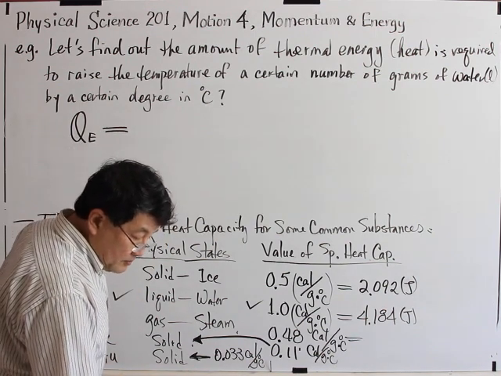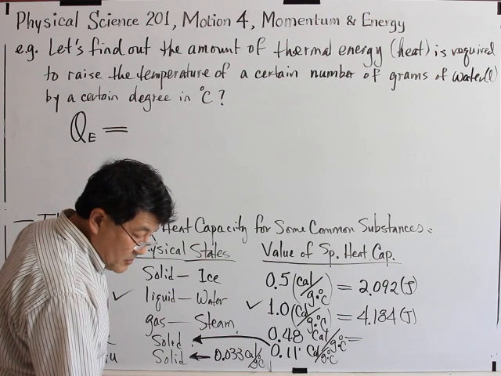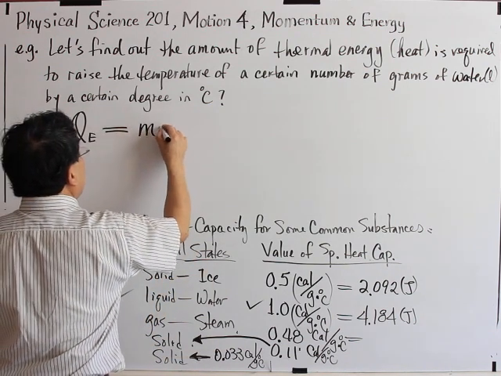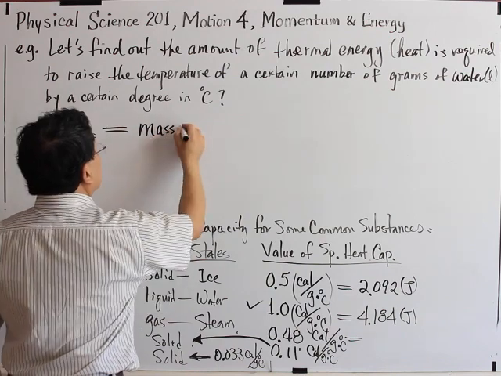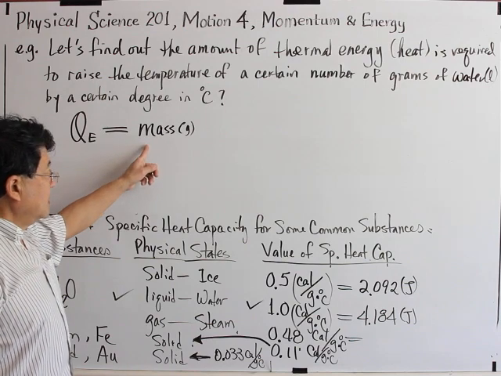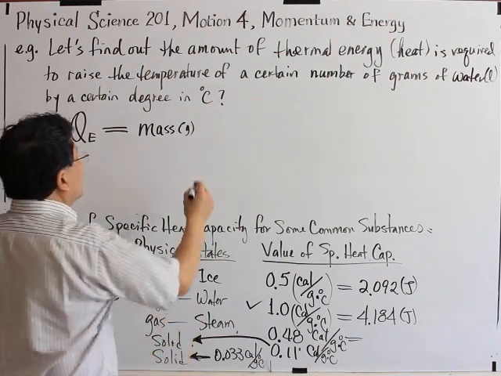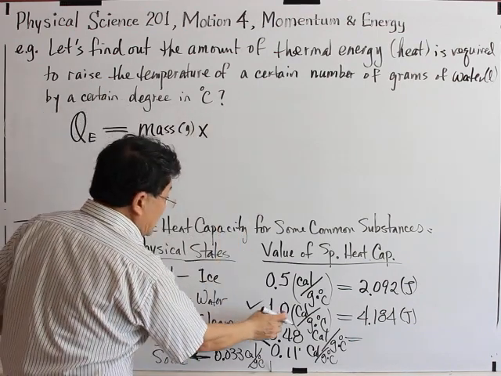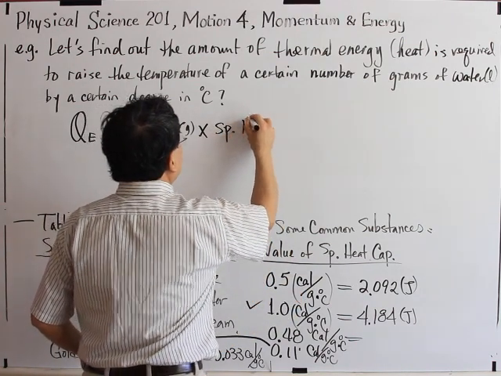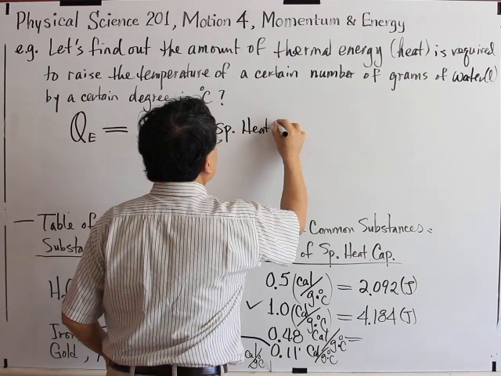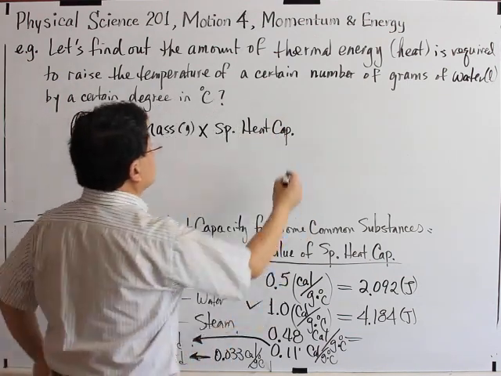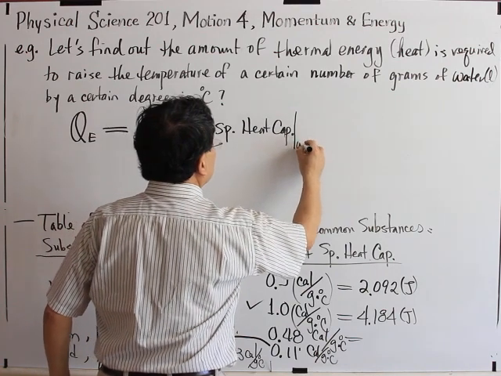So Q_E equals mass, in gram, 1 gram, 10 gram, 100 gram. And then you have to apply 1 calorie per gram per degree, the specific heat capacity of water.